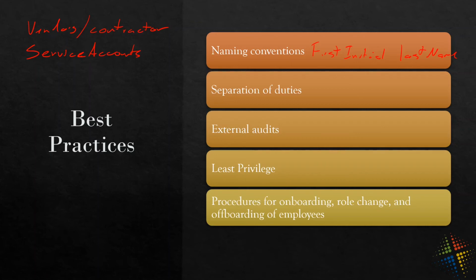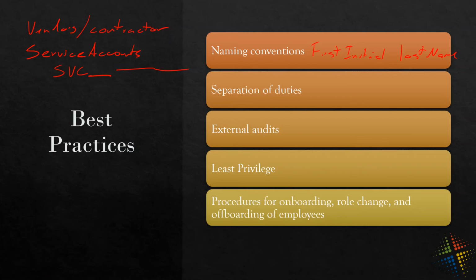So by having a naming convention specifically identifying this as a service account, my favorite example is just SVC underscore and then whatever the name of the service is. Then when you start seeing that service account logging into various resources, it's very easy to understand that's a service account. This is what it should be doing based off of its service title, and therefore shouldn't be logging into these other systems. So naming conventions, very, very helpful.